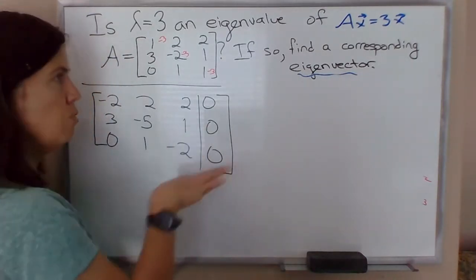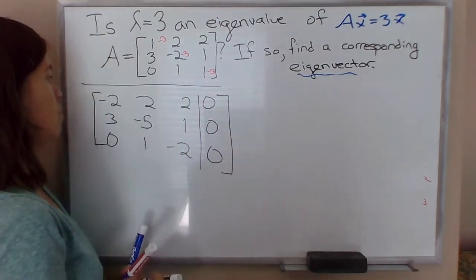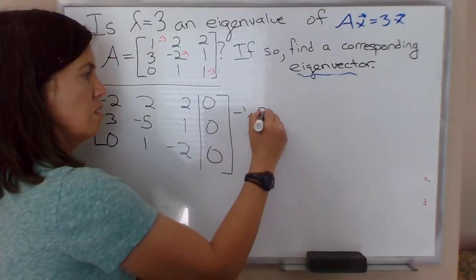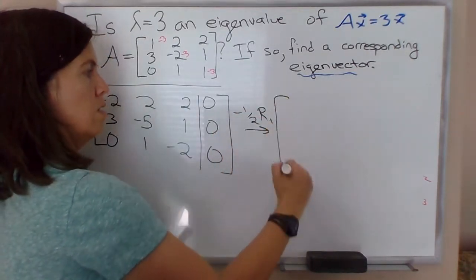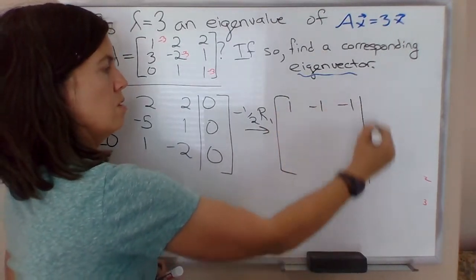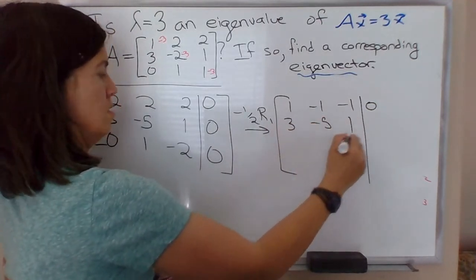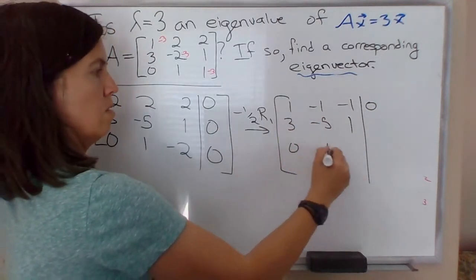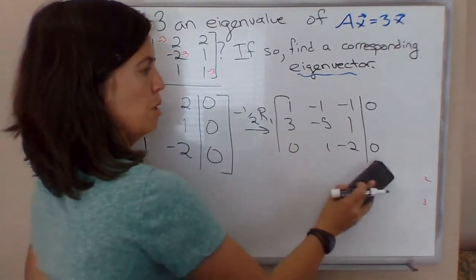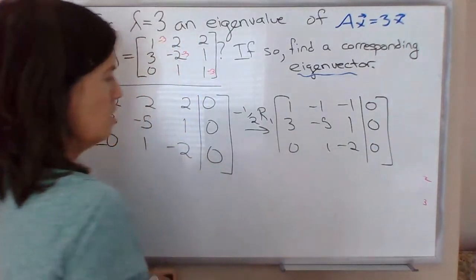Okay, so we need to row reduce this to look at our solution set. So I would probably do -1/2 times row 1. So that'll give me 1, -1, -1. Let's set this up a little too big. Okay. Oops, and this is 0 here. Okay.